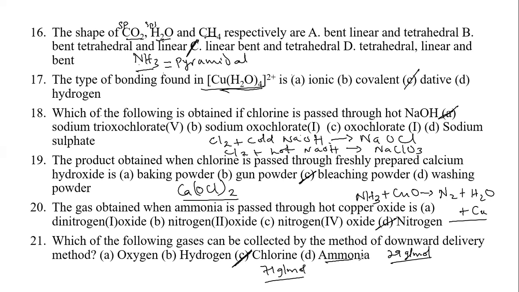Ammonia is collected by upward delivery method, downward displacement of air, because it is less dense than air. So this is a very common question in UTME. Please don't miss it. The one collected by downward delivery method is chlorine. The popular one collected by upward delivery method is ammonia. Is that taken?